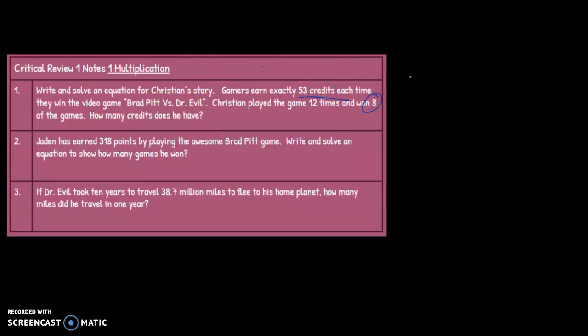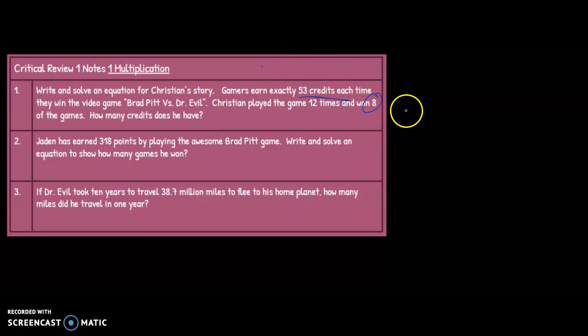All right, problem number 2 says Jaden has earned 318 points by playing the awesome Brad Pitt game. Write and solve an equation to show how many games he won. So our first problem was a multiplication problem. This is going to be a division problem.